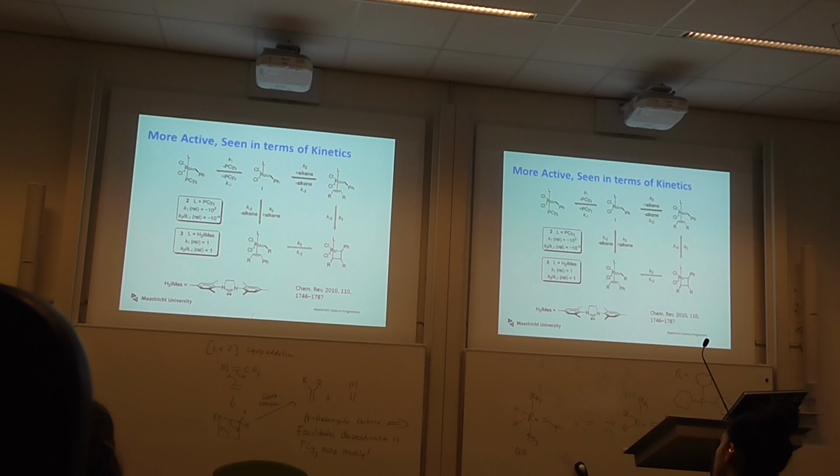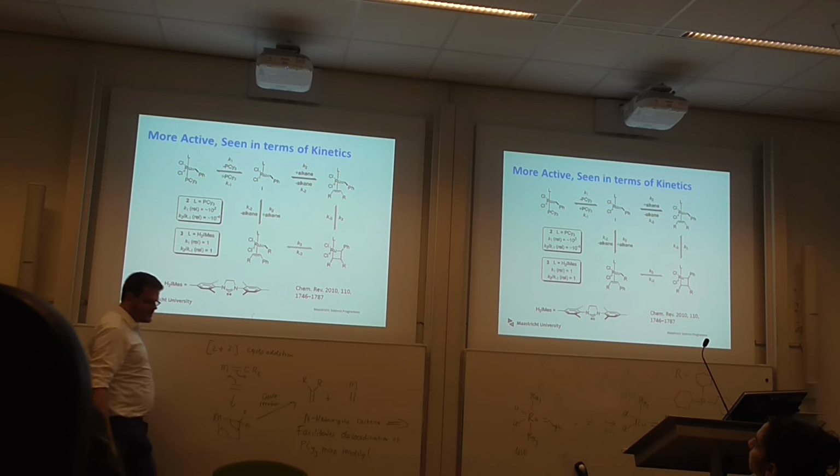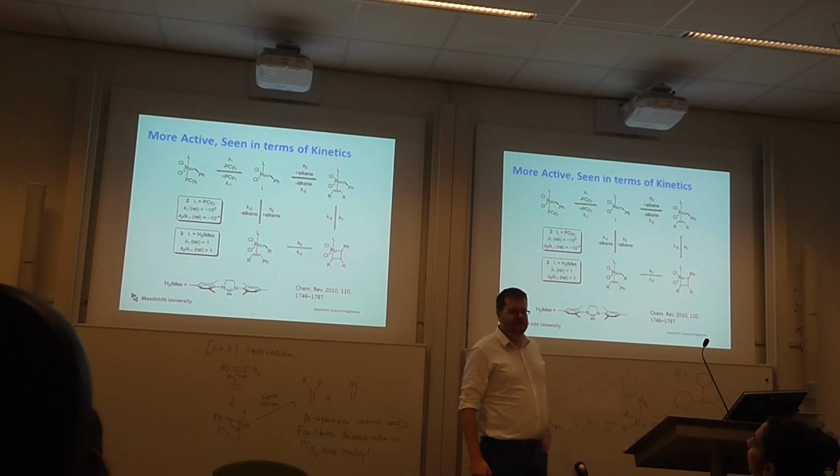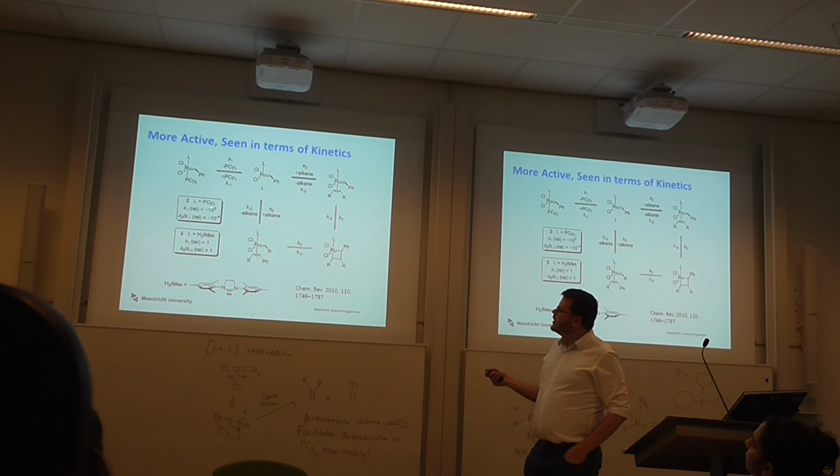Now, what I'd like to say at this time is just look at these numbers. What do these numbers tell us? For tricyclohexylphosphine, it's 10 to the minus 4. k1 is much faster, but k2, relatively speaking, the ratio of k2 over k minus 1, is much lower.